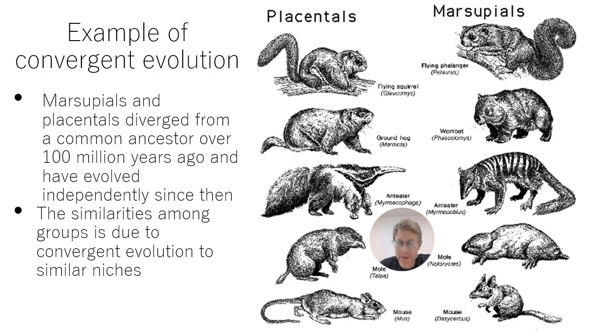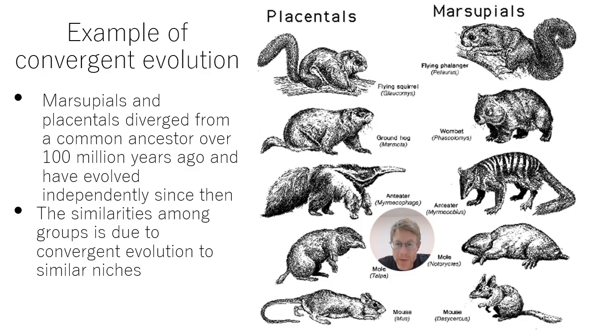Here's a nice example. Marsupials live in Australia. Placentals live in other parts of the world. They're both mammals. They're both different clades of mammals that evolved into these different groups independently. Now, looking at their morphology alone, you might want to put the flying squirrel and the flying phalanger together, right?